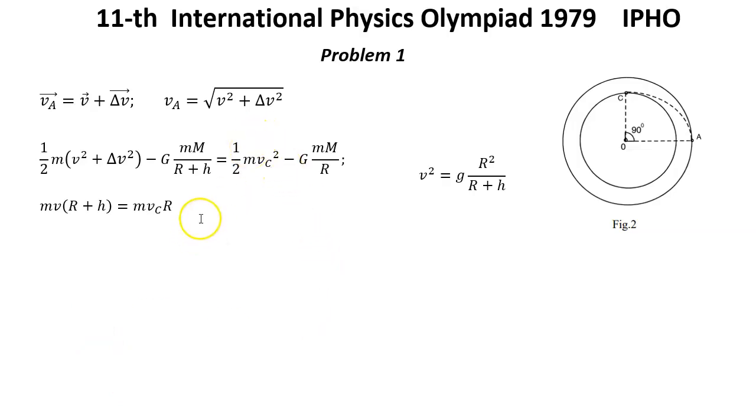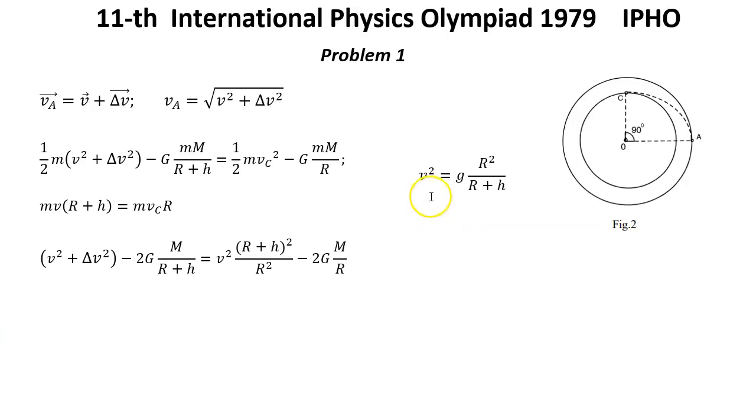Solving these two equations, again using initially expression for v_C through v, we can rewrite them in the form of this one, and using expression for v square, putting here, we finally get that delta v square equal g over R plus h multiplied by h square. And from here we can find what is delta v. That will be 97 meters per second.